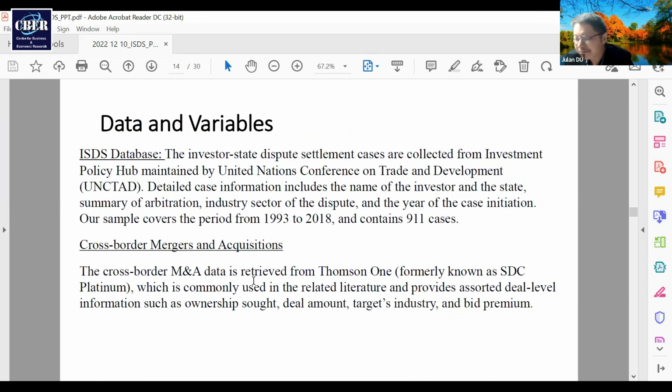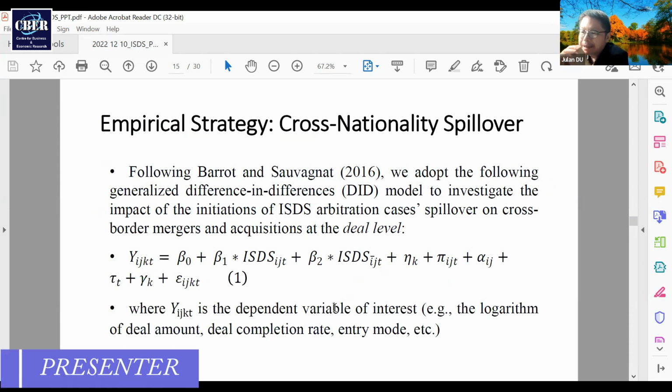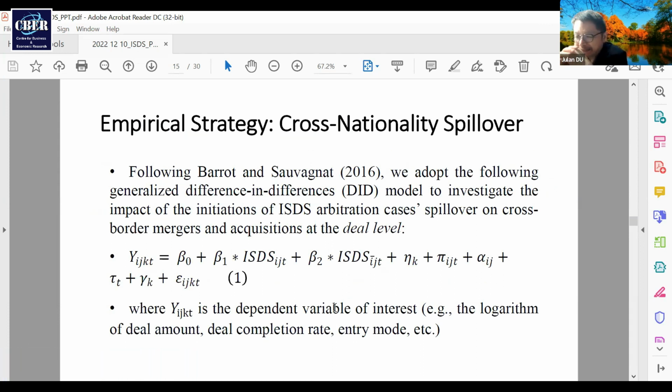The data on ISDS disputes are from the United Nations UNCTAD database, and the cross-border merger and acquisition data are from Thomson One. We basically conduct repeated cross-section analysis.